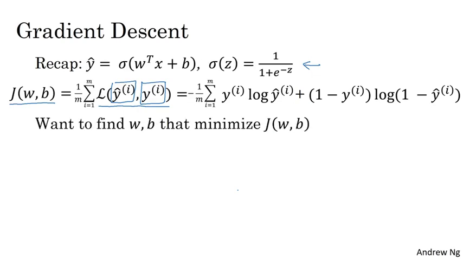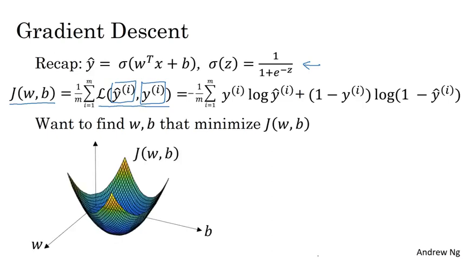So in order to learn a set of parameters W and B, it seems natural that we want to find W and B that make the cost function J of W comma B as small as possible. So here's an illustration of gradient descent. In this diagram, the horizontal axes represent your space of parameters W and B. In practice, W can be much higher dimensional, but for the purposes of plotting, let's illustrate W as a single real number and B as a single real number.